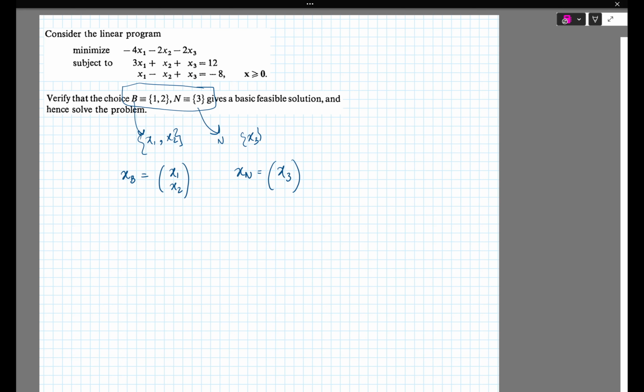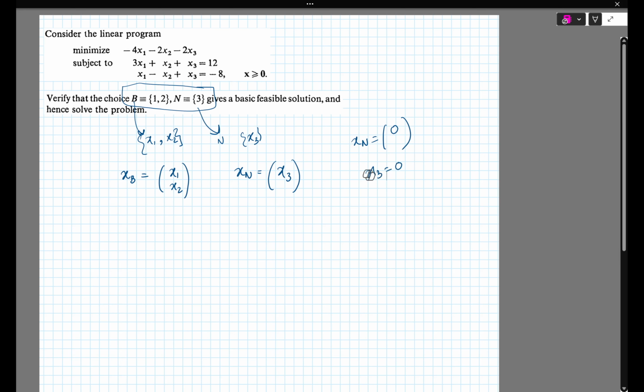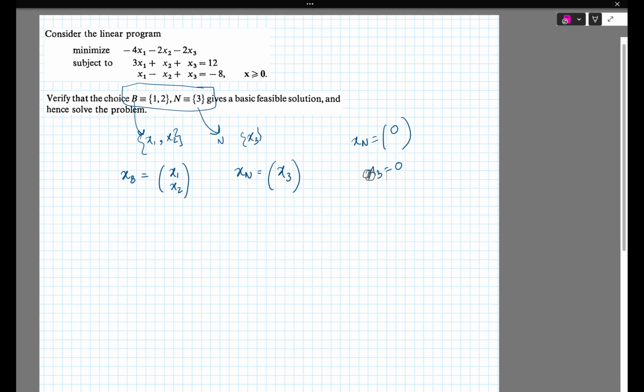Basically, if you put xN equal to 0, that is x3 equal to 0. Because the A matrix will have rank 2, rank 2 means there will be two basic variables in the basic solution.